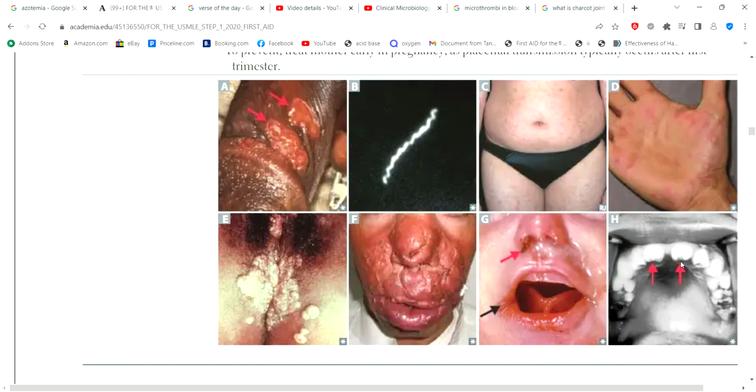So it's Hutchinson's teeth, seen in congenital syphilis. Okay. What is saddle nose?